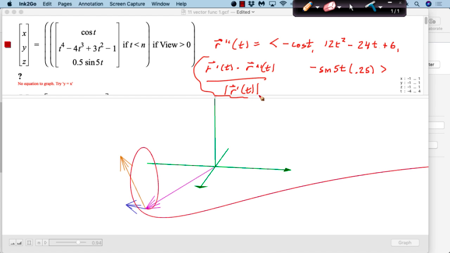If you work that out, that would give you a scalar function, right? A dot product divided by a scalar function. That would give you a scalar function, which gives you the acceleration due to speeding up and slowing down only. You multiply that by the unit tangent, then you get the speeding up, slowing down vector.